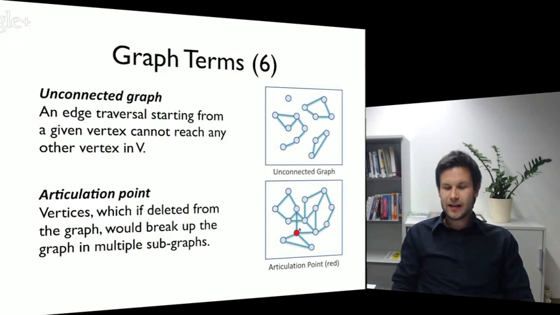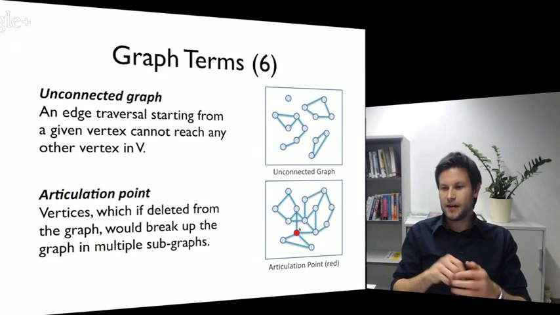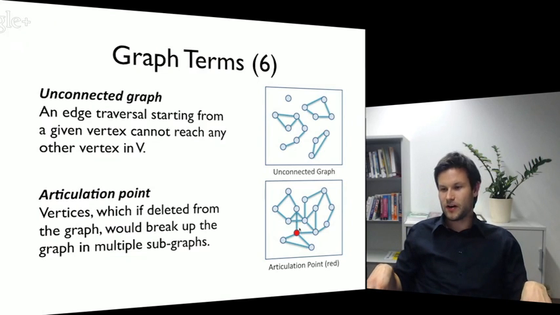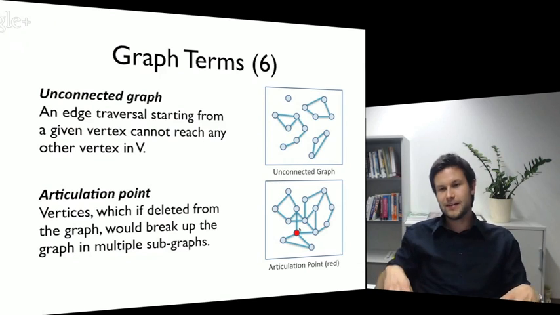A related concept are articulation points. This is a very important concept because if you would remove this node, which is the articulation point, from the network, then the network would be separated into two subgraphs. So in a social network, it would be a person that connects two completely different sets of other people.